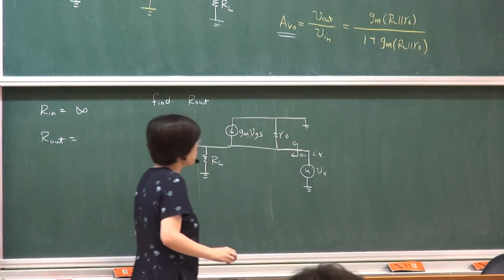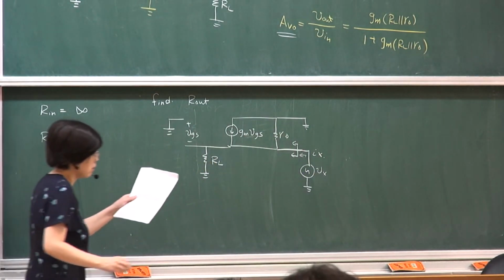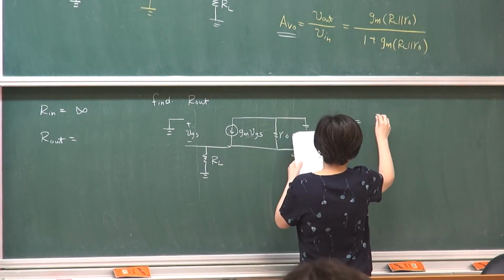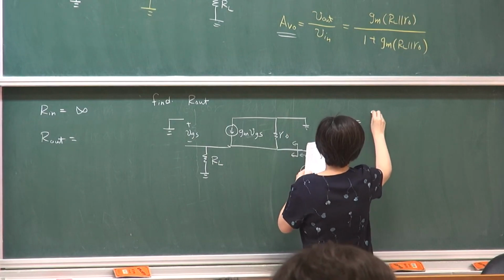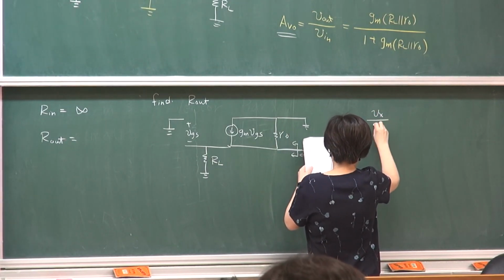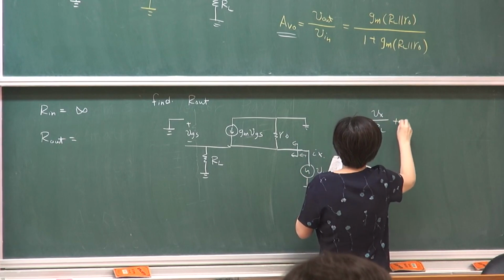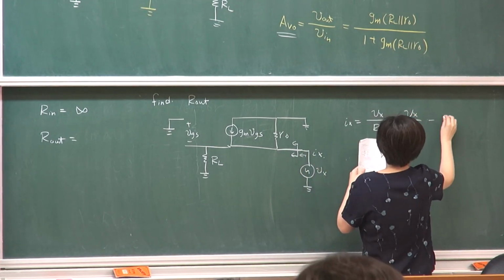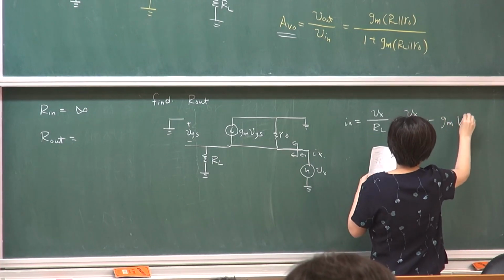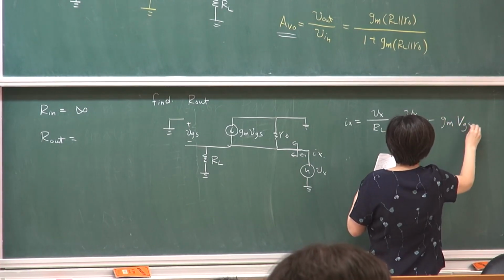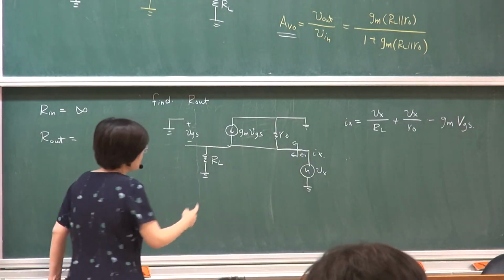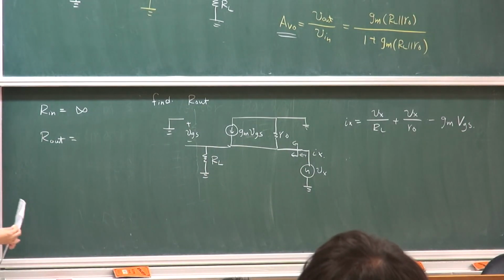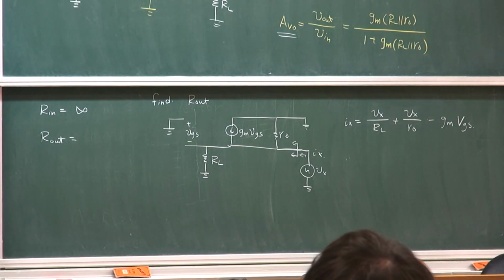So what are the current components that will contribute to IX? I will then have VX over R load plus VX over RO plus minus GM VGS. Right? The current coming in will be this branch, and that. There are 3 branches of current contributing to IX.